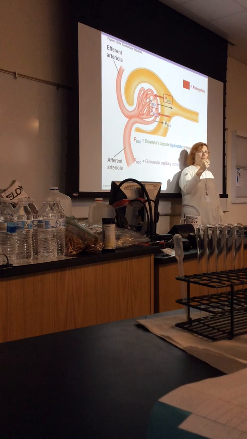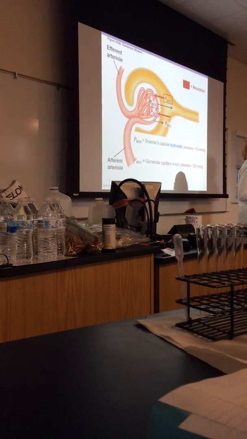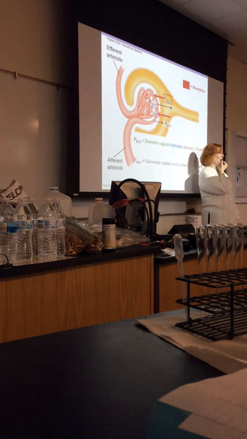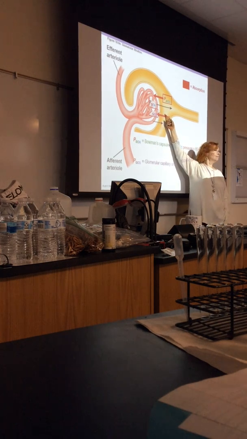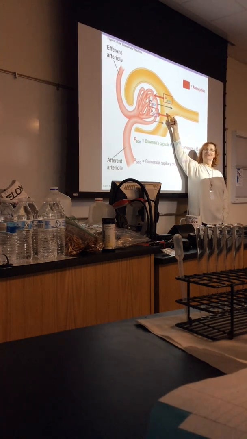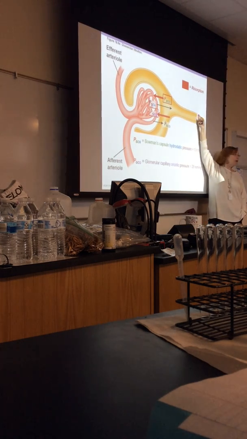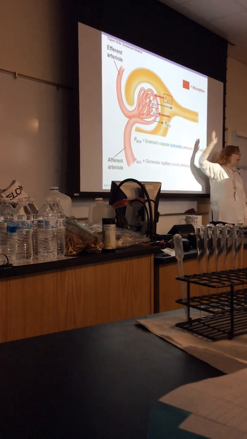One, less volume. What's the other one? What happens to the fluid that gets pushed out of here into here? It keeps going down through my renal tubules. So it's constantly being pulled away.